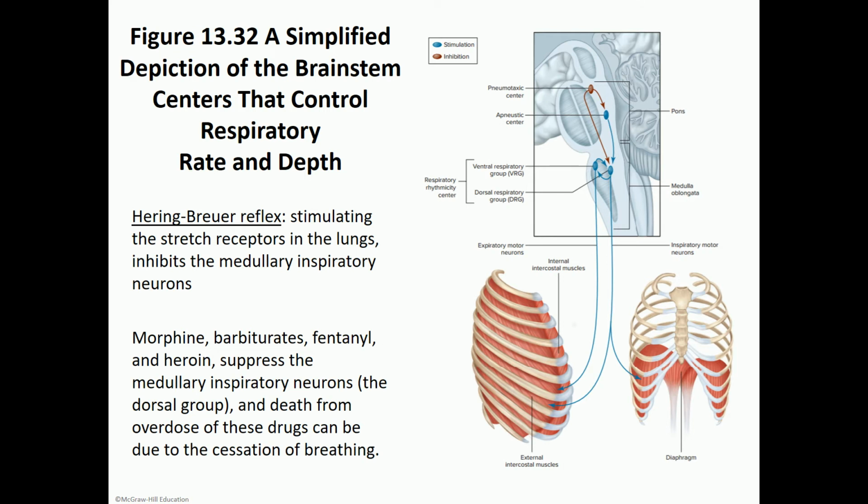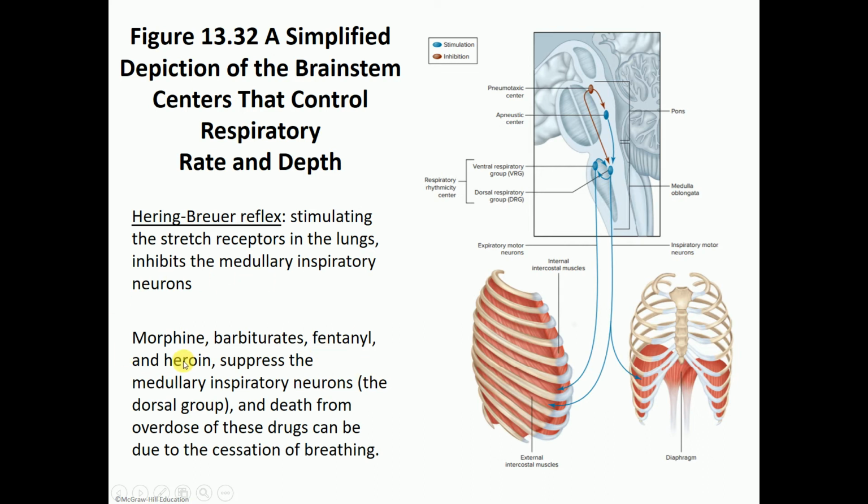These stretch receptors are then going to send a signal to inhibit the medullary inspiratory neurons, which are the dorsal group, ending the inspiratory process. And again, expiration happens by the elastic recoil of the lungs.